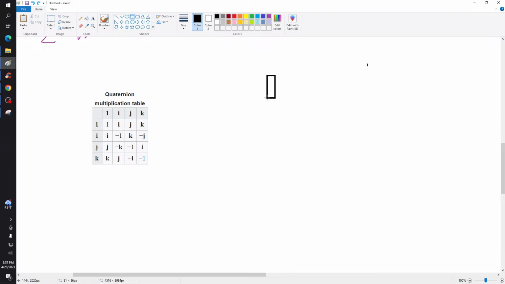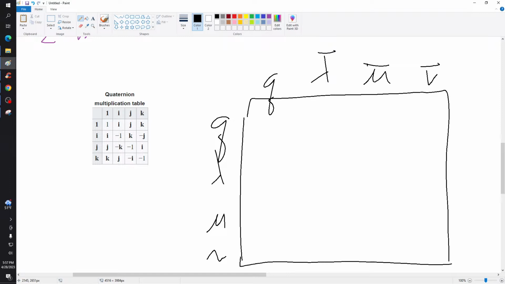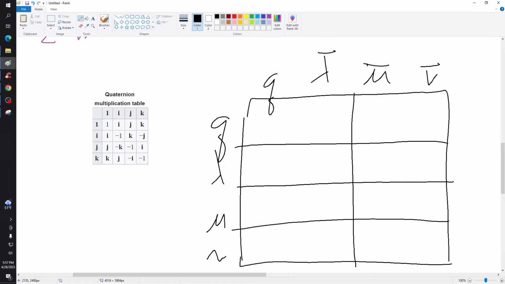So now we just have q, lambda, mu, nu, and you're going to get the exact same table. You're just replacing the symbols. It's elementary school.